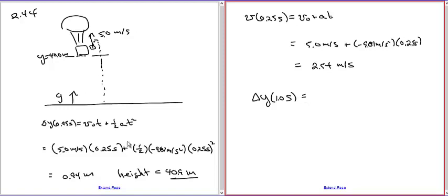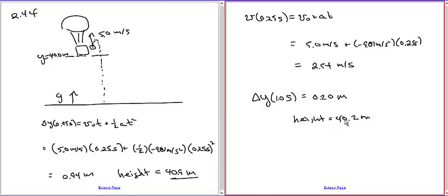So if you plug 1 second into here, what you should get is 0.095, but I'm going to put in 0.2 meters. Okay, so the height is equal to, so I'm going to add 0.2 meters to that, so you get 40.2 meters.